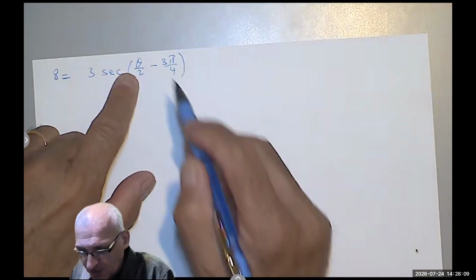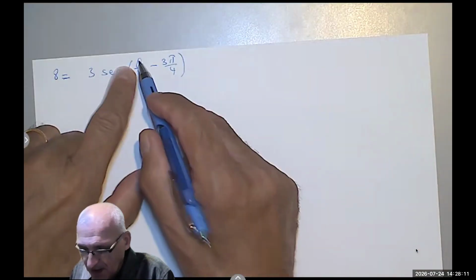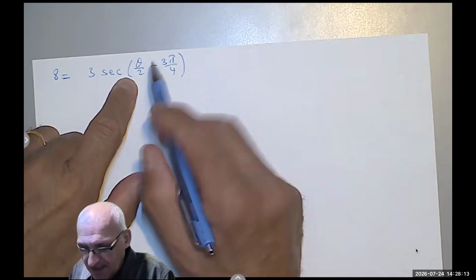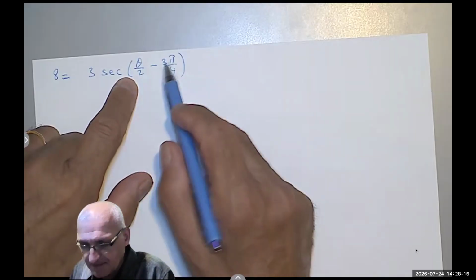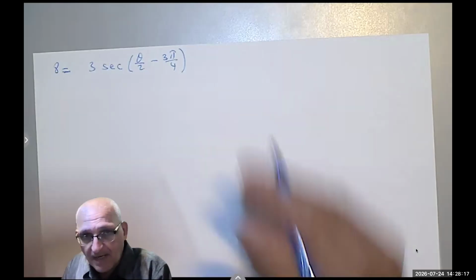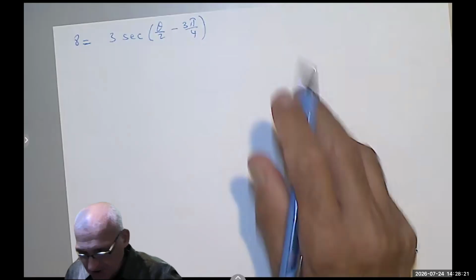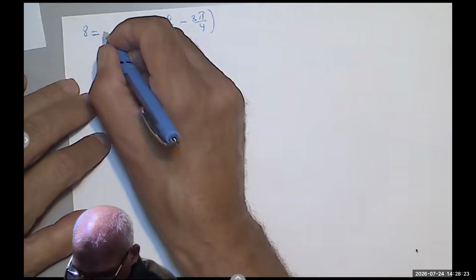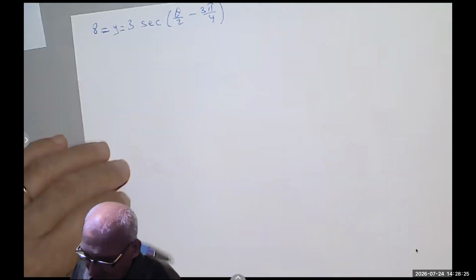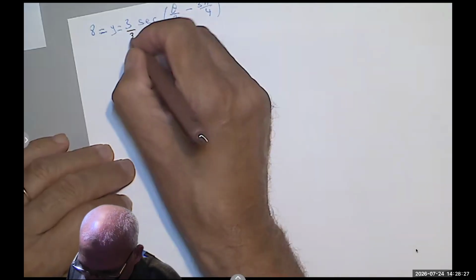Same thing here. I could take 1/4 as a common denominator, and that would be 2 theta, or I took 1/2, and this would be theta minus 3/2 pi between parentheses. There is no addition or subtraction. Okay, that's why. So all what I have to do here is to divide by 3 both sides.